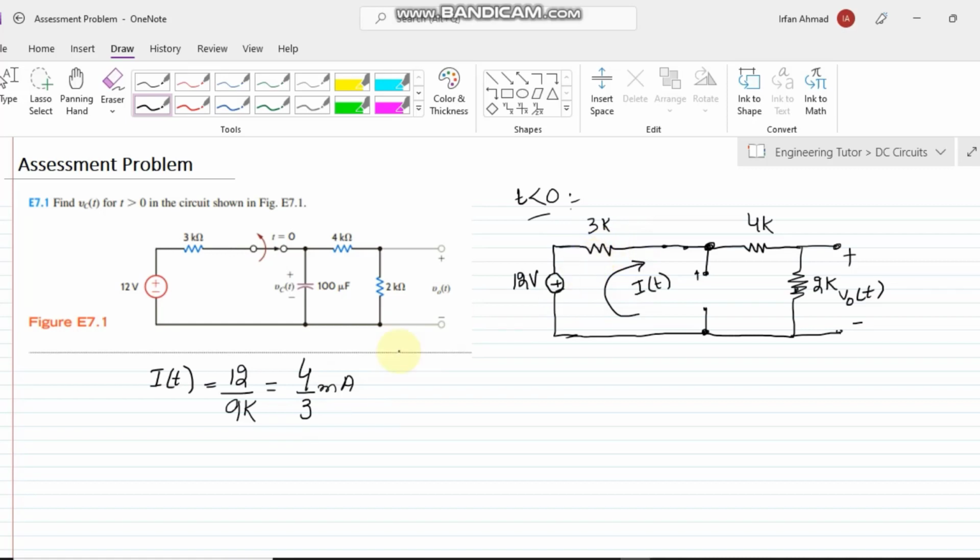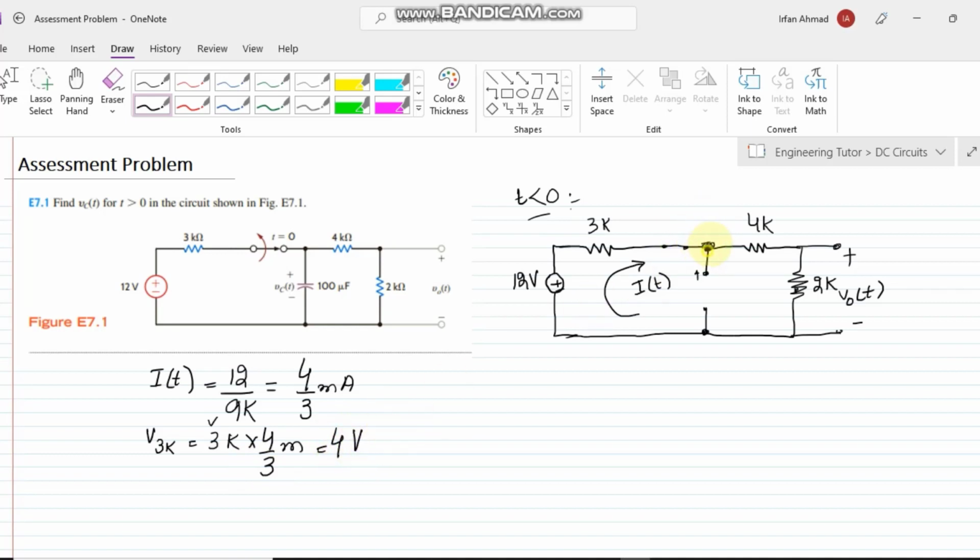In order to find the voltage across the 3 kilo ohm, it will be 3 kilo multiplied by 4 by 3 milliamps, that is the current. So V is equal to IR. I am writing the value of the resistance and the corresponding current flowing through this resistor, so it is equal to 4 volts.